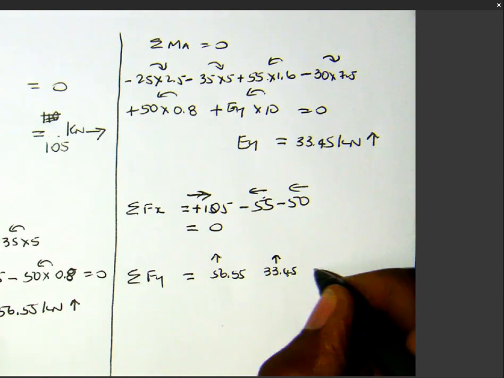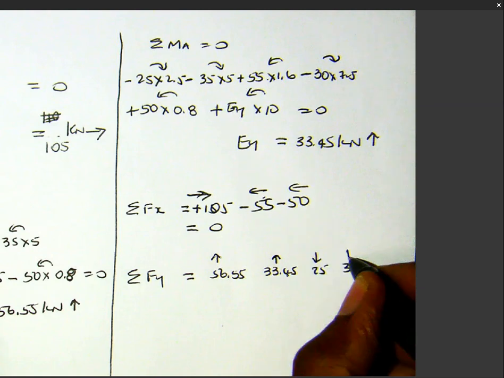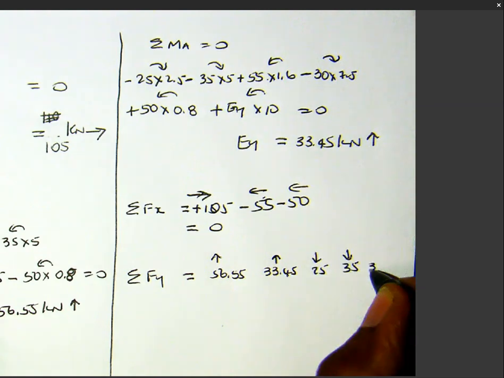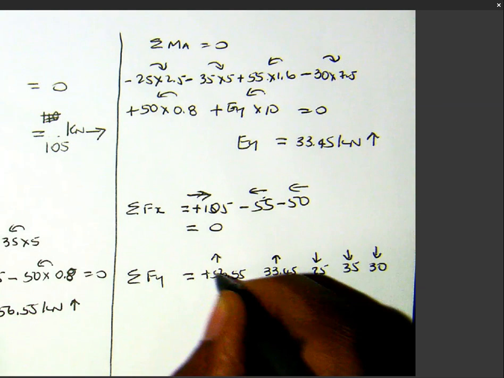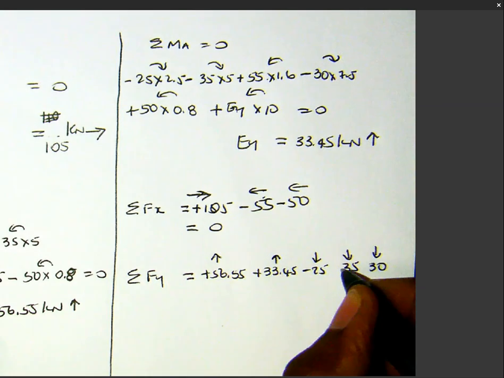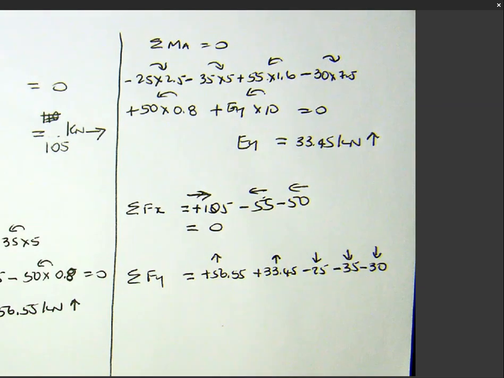I've got 35 going down, and I've got 30 going down. If I say plus, plus, this must be negative, negative, negative. So 56.55 plus 33.45 minus 25 minus 35 minus 30. I'm getting 0.